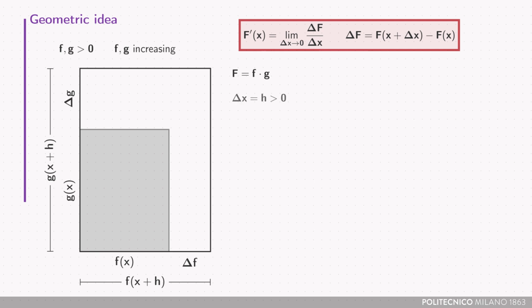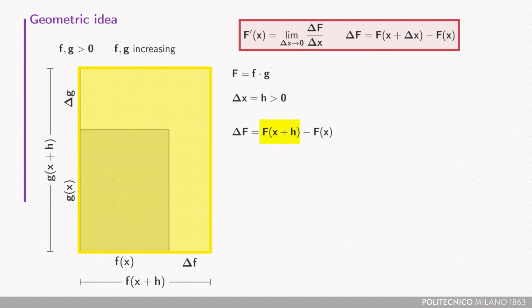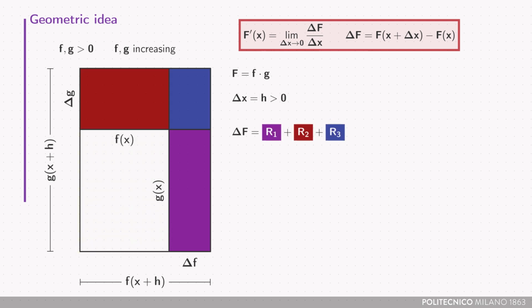In our construction, delta x equals h, delta big F equals big F of x plus h minus big F of x, where big F of x plus h is the area of the new rectangle, while big F of x is the area of the starting rectangle. So delta of big F equals the sum of the areas of the three colored rectangles.